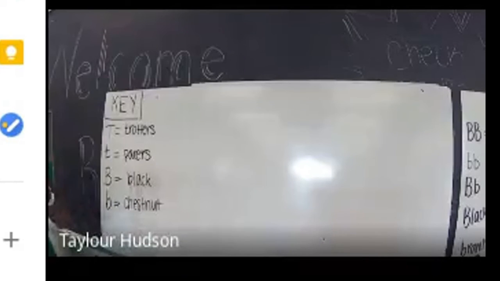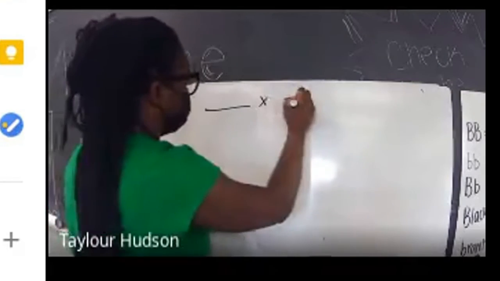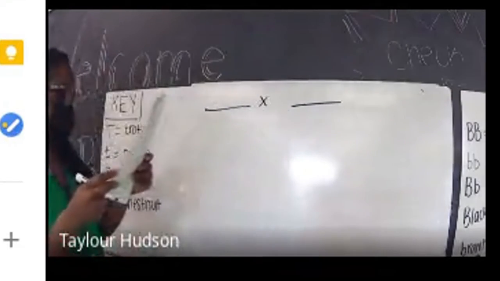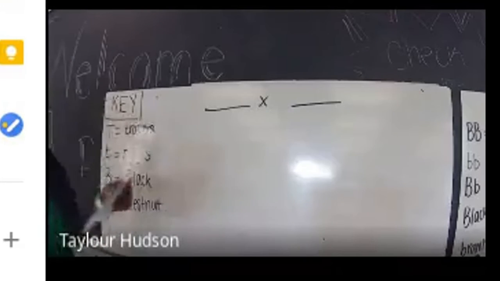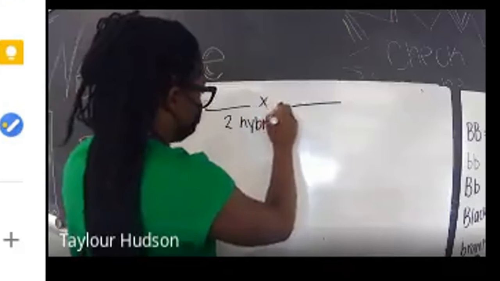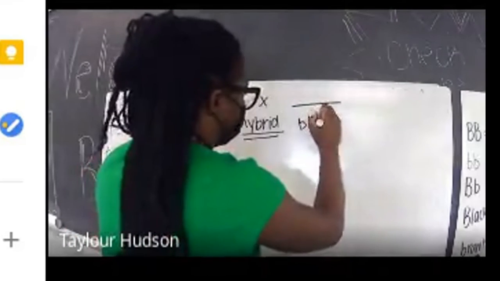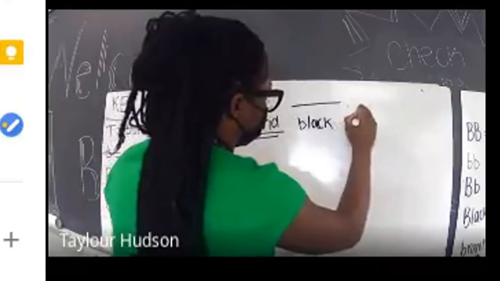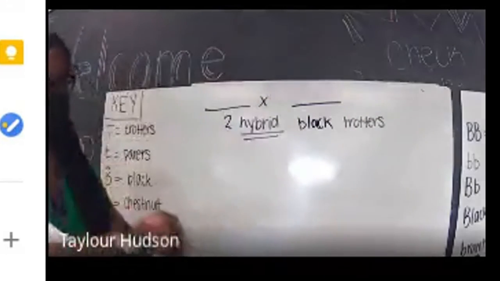Beautiful. All right, next, we need to figure out what we're crossing. So it says, what are the chances of getting a chestnut pacer from a cross between 2 hybrid, oh, that word again, 2 hybrid black trotters. All right. What is hybrid code word for?